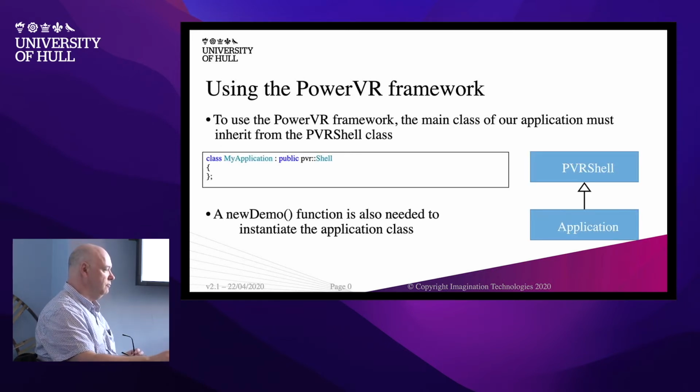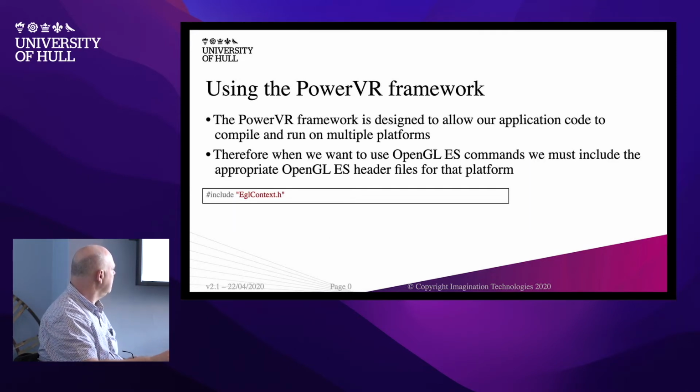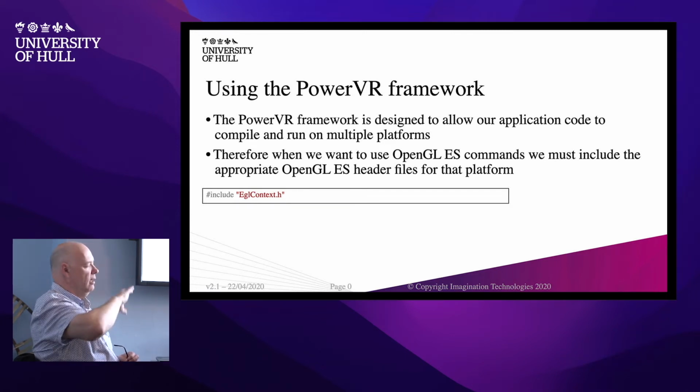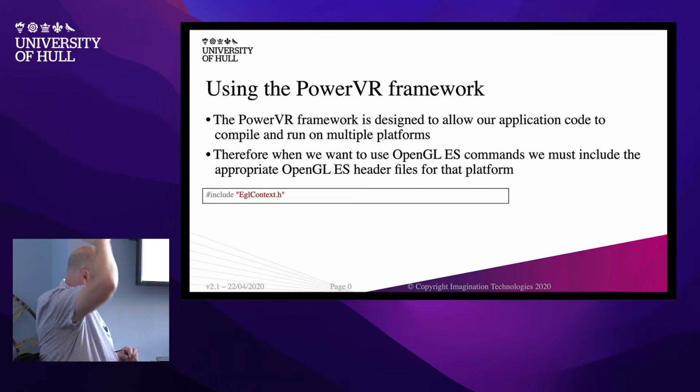So essentially, your application inherits from the PowerVR shell. Okay, just like we're doing that. And the other thing you do need to do, and you'll see this in the code, is you also need a function called new demo. And ultimately the framework, I believe, looks for this so it knows which application to create. So that's it. Okay, you will need to include the appropriate headers, and I've got this header file there, which has all the stuff in it to bring in what's necessary for each different platform and so on.